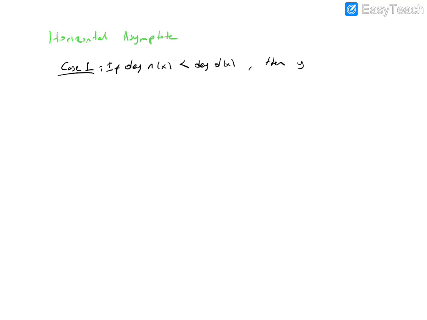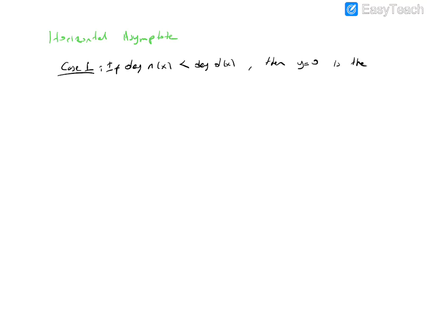For the horizontal asymptote, first case, case 1, if the degree of n of x is less than the degree of d of x, then y equals 0 is the horizontal asymptote. Actually, it is the horizontal asymptote because it is unique.